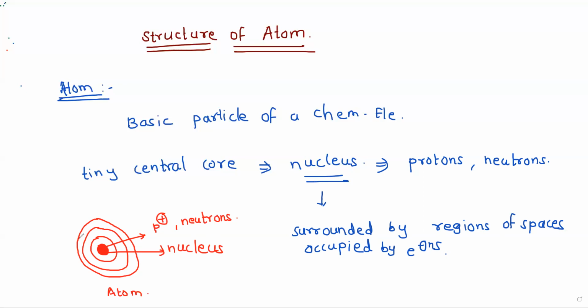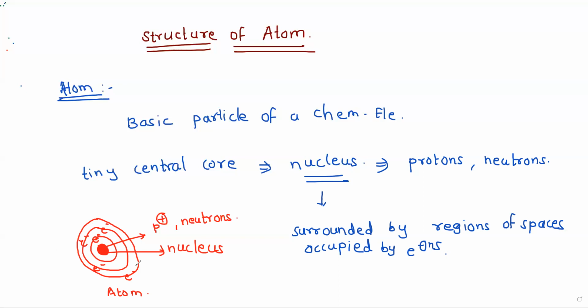These circular paths, or the circular regions you can see, are the regions of space which are occupied by electrons. So here I will draw electrons. Here I will show the electrons. And they are revolving around the nucleus. So this is the basic of what is an atom and what is the structure of an atom.